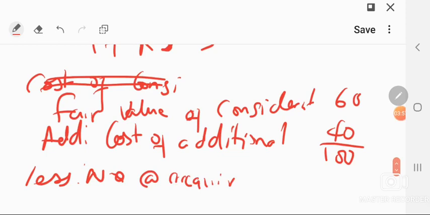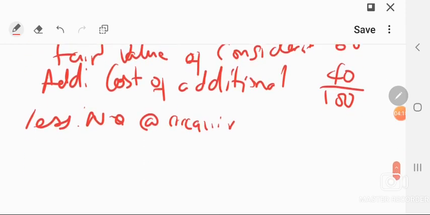Because remember, when you started dealing with this company, you came from a region of maybe not control, maybe you were at associate level, or you were just at mere investment level. So you're going to focus on the point when you've now acquired this control. Let's give an example to understand this. Let's say you acquired this company in 2001.